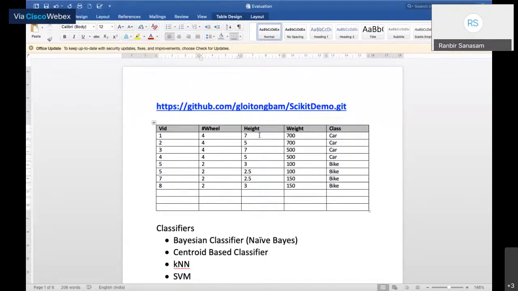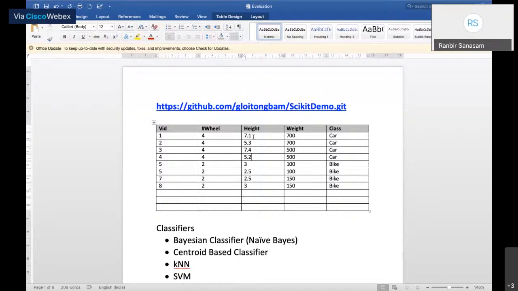Okay, in some cases, when you have discrete values, the probability estimate might be easier. But suppose you have continuous values. Let us say height, instead of 7, I have something like 7.1, 5.3, 7.4, some real value. Without quantization, estimating the probability of this height given car, you may not have to calculate that probability.